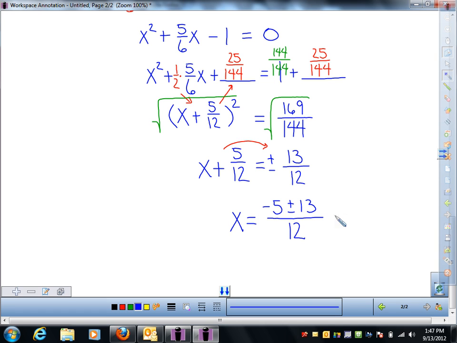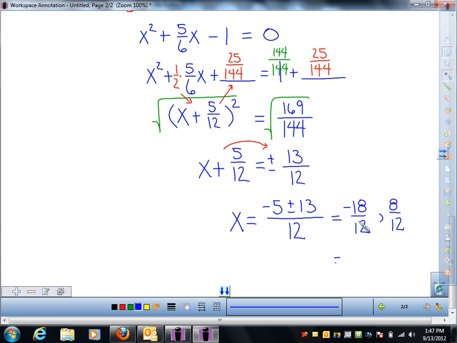And now to clean up my answer, I'll just carry this out and simplify. -5 minus 13 over 12 would be -18 over 12. The other answer, -5 plus 13, would be +8 over 12. Of course, we couldn't leave those two answers because we would be expected to simplify.